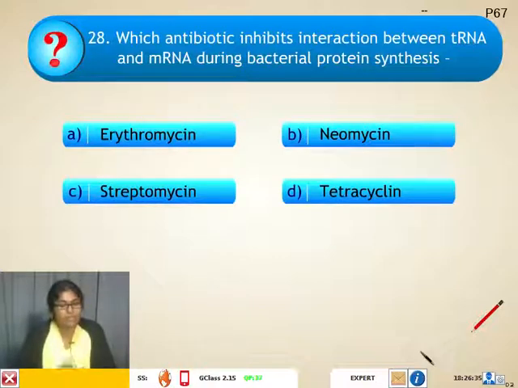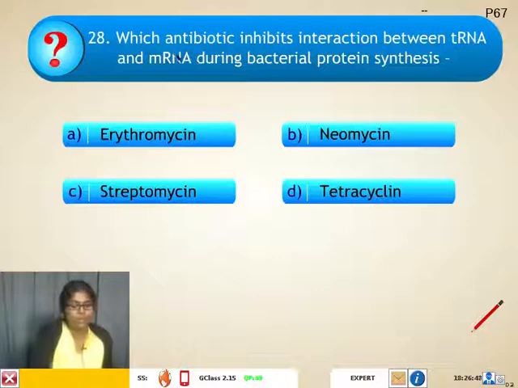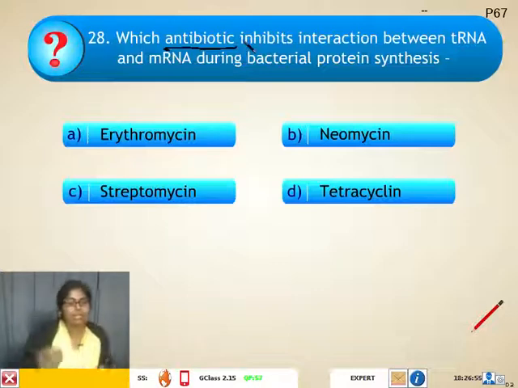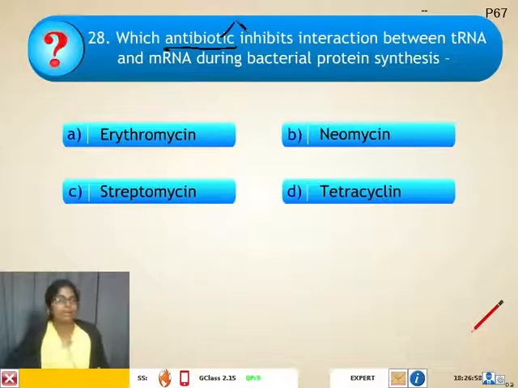Which antibiotic inhibits interaction between tRNA and mRNA during bacterial protein synthesis? So before going to the options, first we'll know the meaning of antibiotic. So any one of you, not all, any one of you, stand up and tell me what antibiotic is.